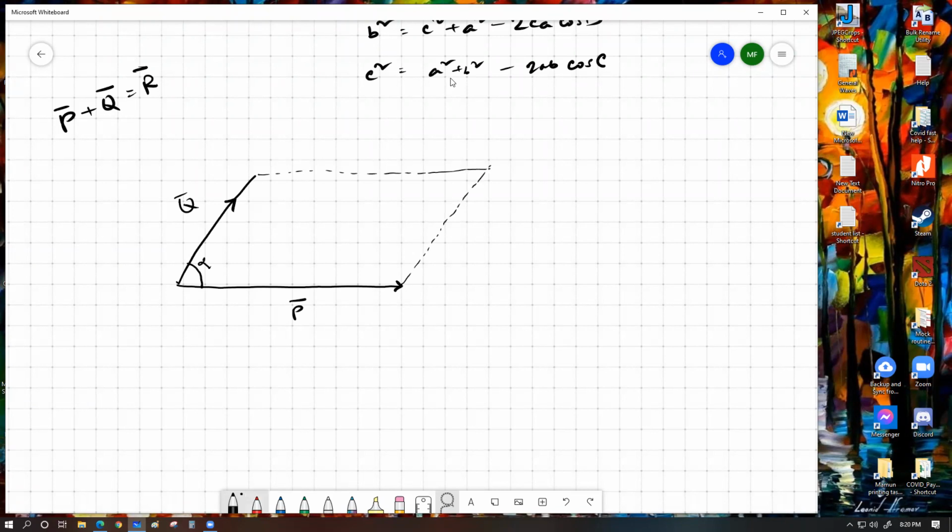If I draw this up, maybe with red, not the best of figures, but this is our resultant for the parallelogram rule. Let's say this resultant R produces an angle of theta with the P vector, because that's how we define the resultant vector.